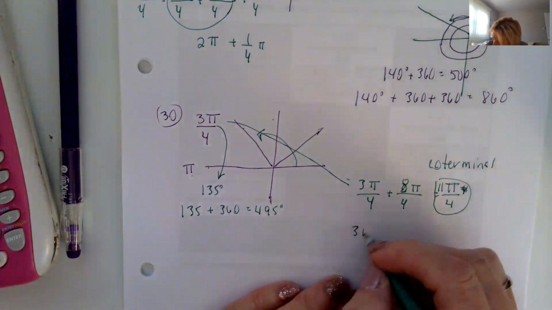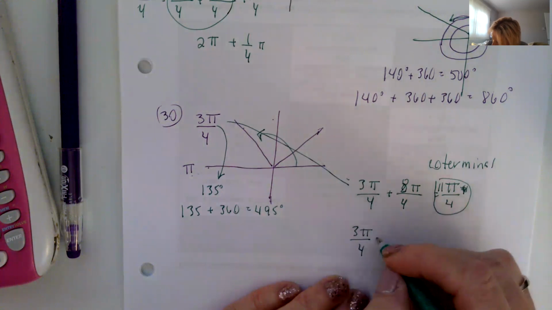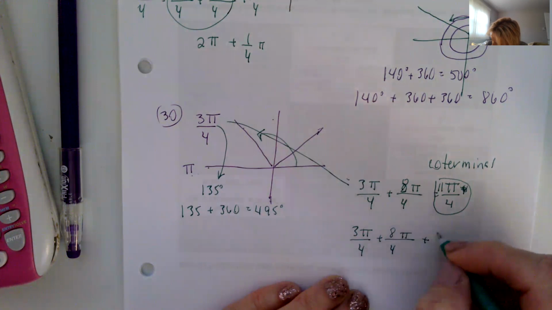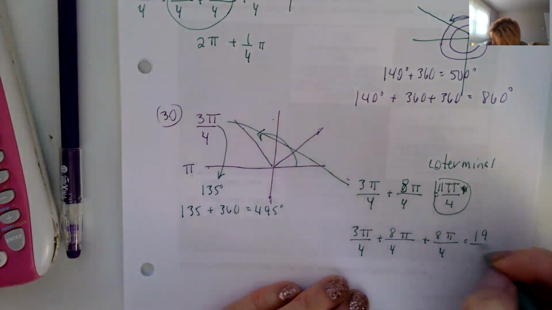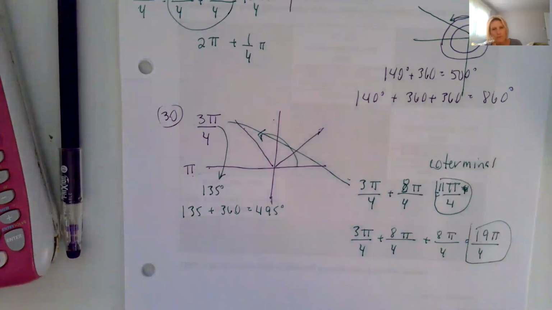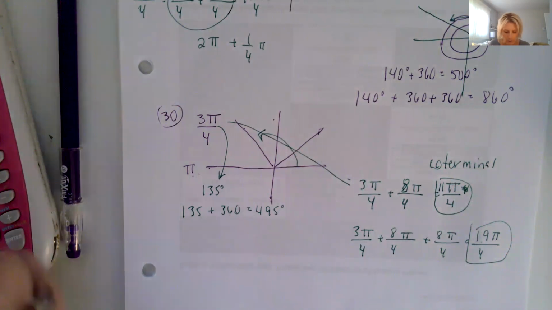And 3/4 pi plus 8/4 pi plus another 8/4 pi gets us to 19/4 pi. And that's another coterminal angle. Because every time you add 360 degrees or 2 pi, you're coming up with another coterminal angle.